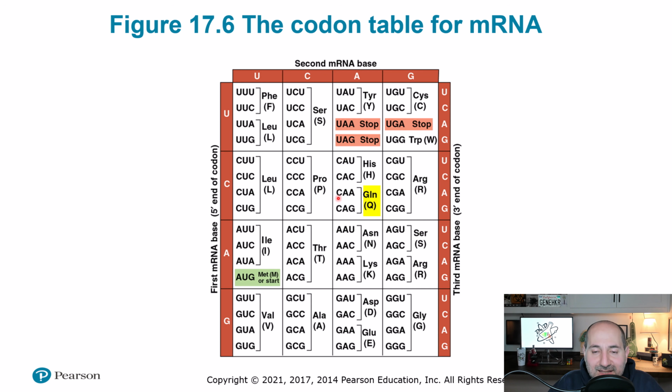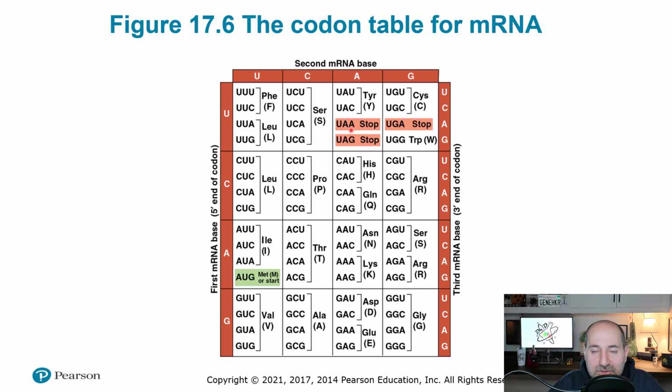And instead, it gets mutated from CAA to UAA, or on the DNA, it would be TAA. So it would be UAA. What's UAA? UAA codes for stop. Isn't that terrible? So in this case, the ribosome, instead of reading CAA and putting glutamic acid and moving on to do the rest of the protein, thinks it's done making a protein.